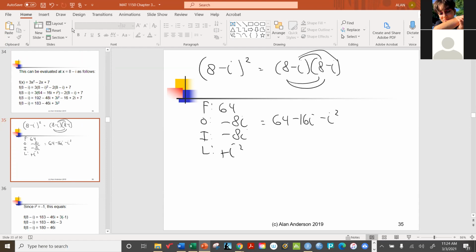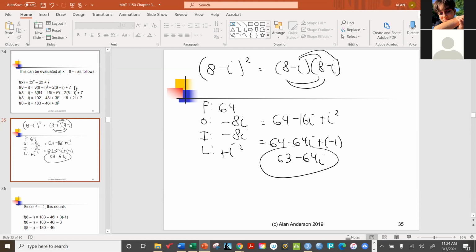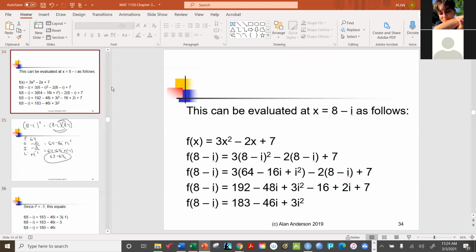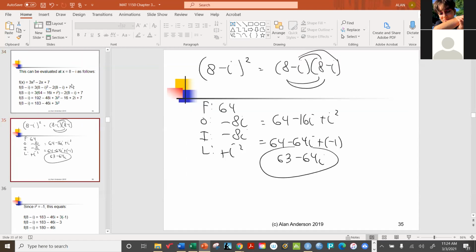Plus i squared, sorry. And then this is, okay. So we end up with 63 minus 64i here. Oh, I didn't do it that way here, but all right, let's carry on like this. All right, so let's go back to the beginning.